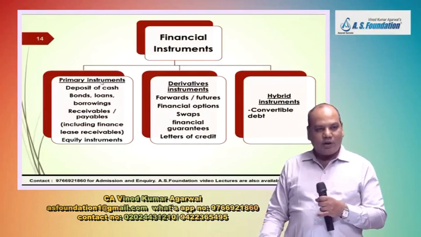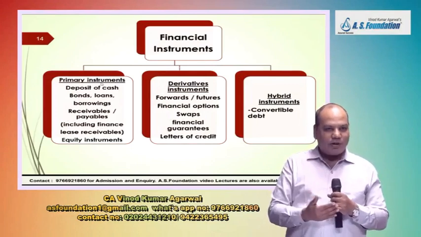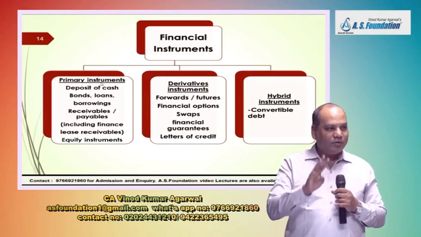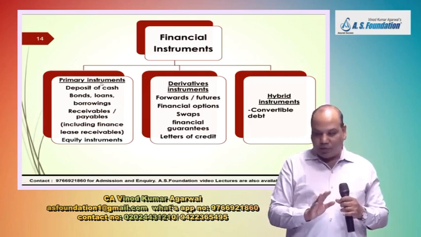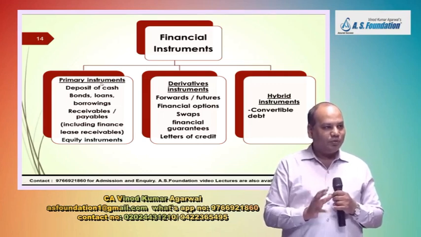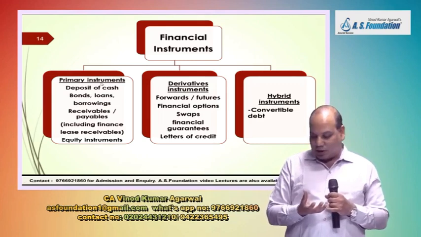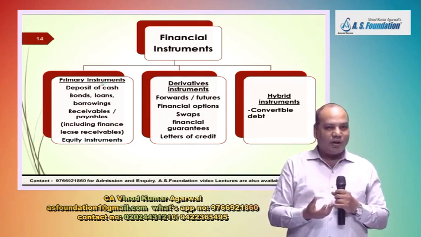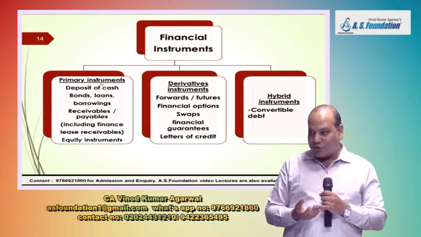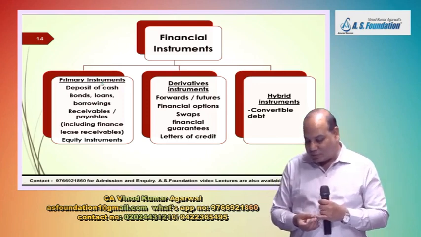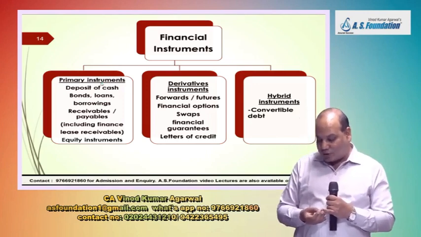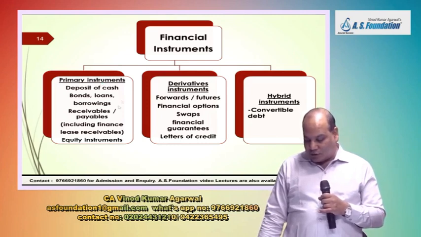A financial instrument can be divided into three types, for our general understanding; this is not given in the standard. Primary instrument means basic instrument, original instrument, like for example cash deposited in bank, FD, bonds, loan, receivables, payables, borrowing, and finance lease receivables.